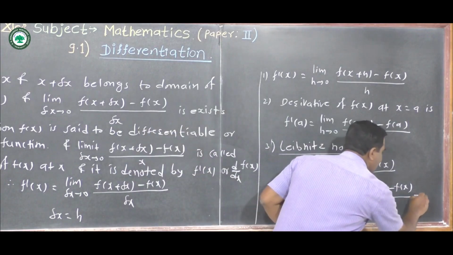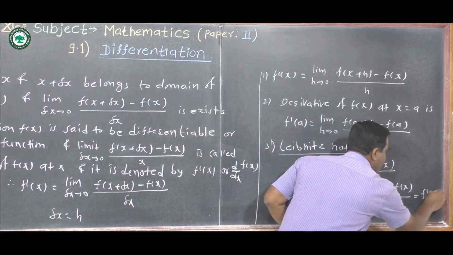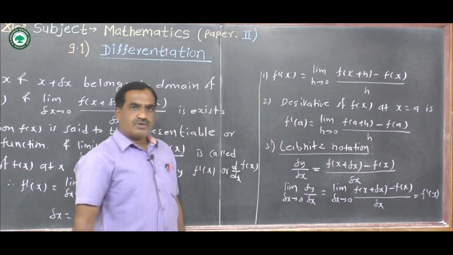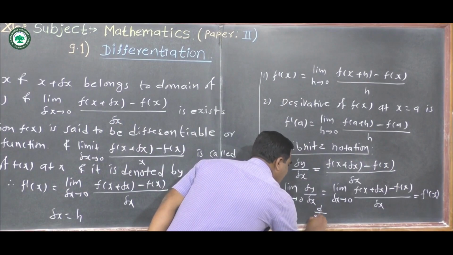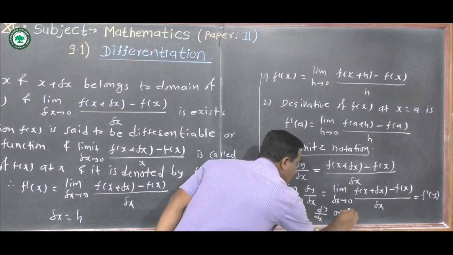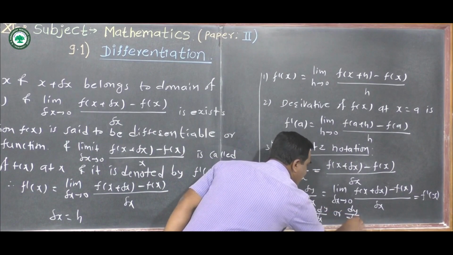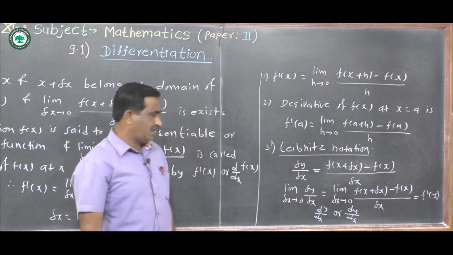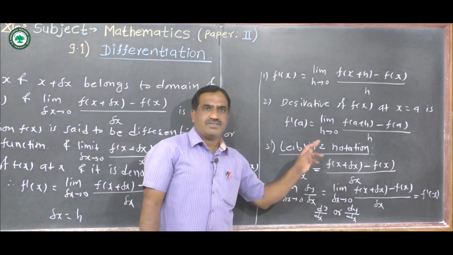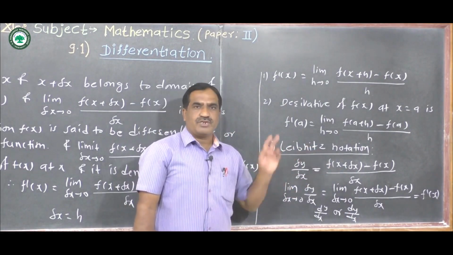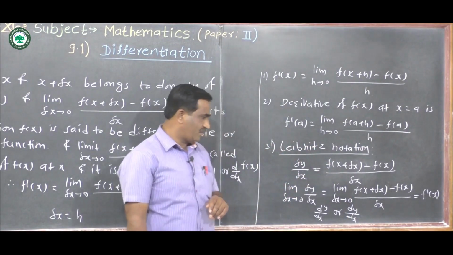That is, we can write here f dash of x, and this derivative is also denoted by dy by dx of y or dy by dx, and this notation is called as Leibniz notation for the derivative.